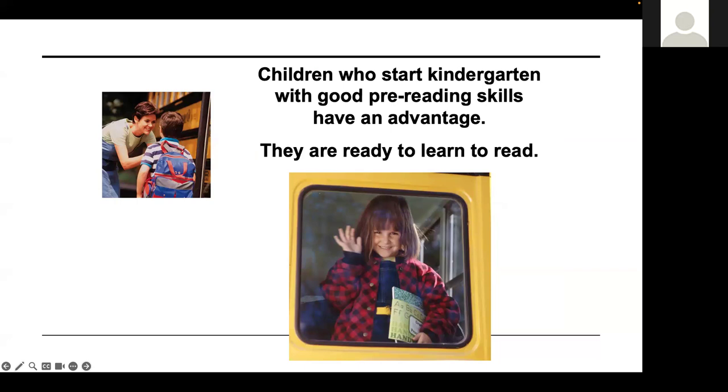So we know that children who start kindergarten ready to learn to read have greater success throughout their school years. They're more likely to read at or above grade level by the end of second grade. And actually, children who read at or above grade level by the end of fourth grade are more likely to graduate from high school and be successful readers and learners throughout their lives. So those early years matter so much.